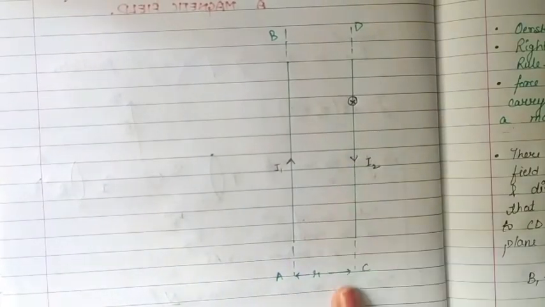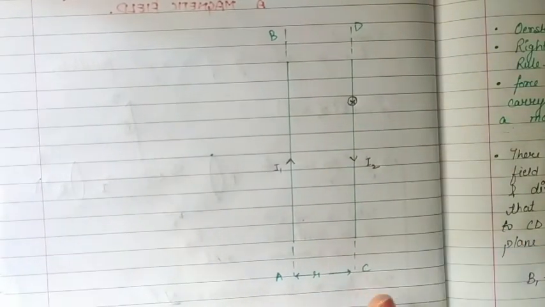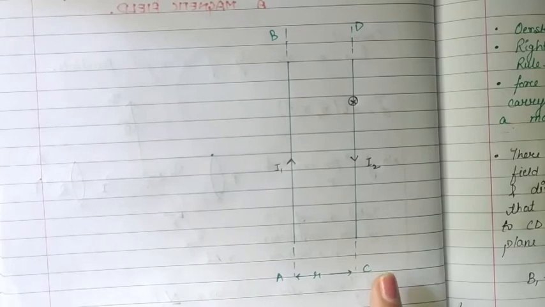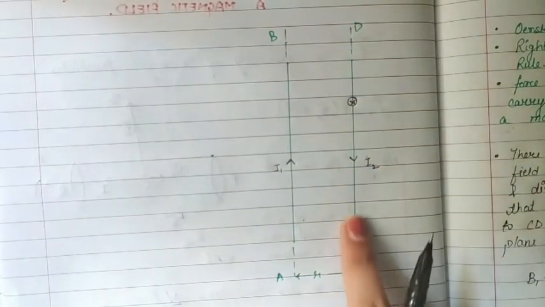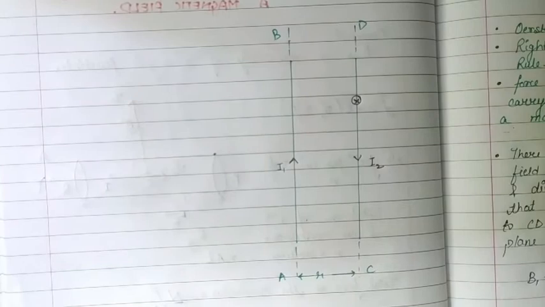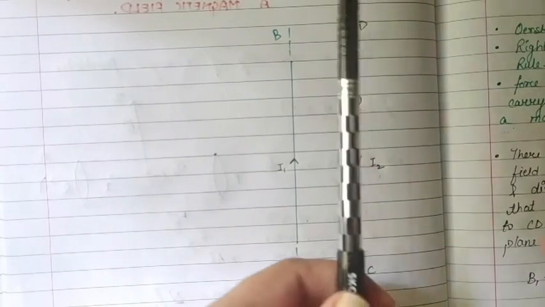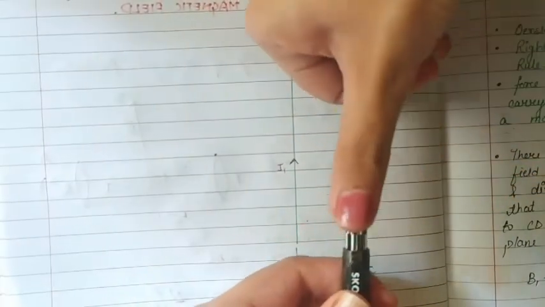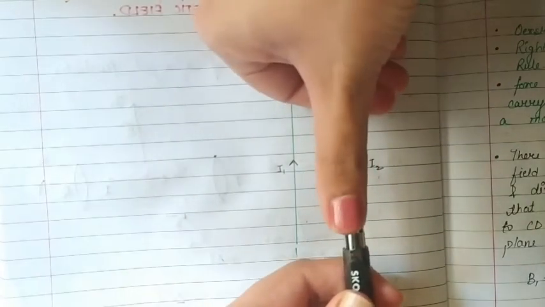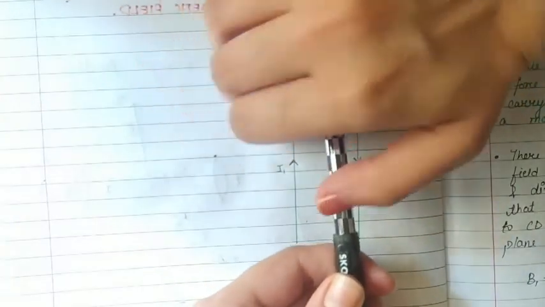But if we talk about the magnetic field because of the conductor CD, the current is flowing in it like this, so we hold the conductor with our right hand. This is the direction of current and our fingers curl like this.